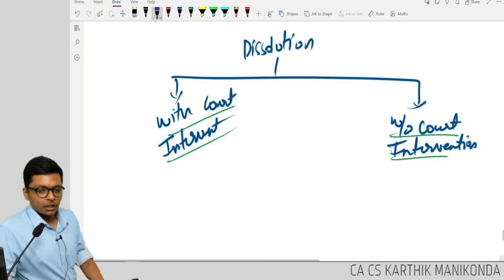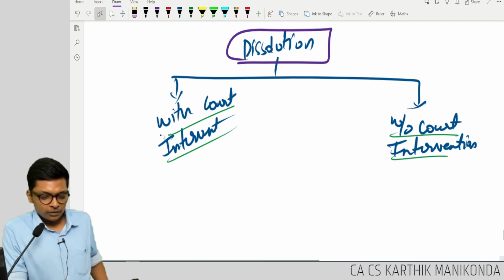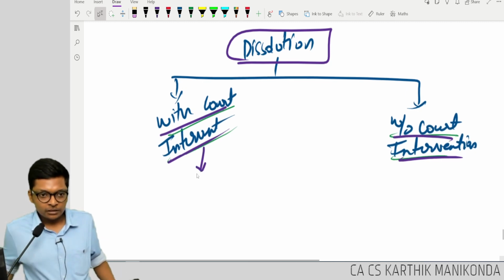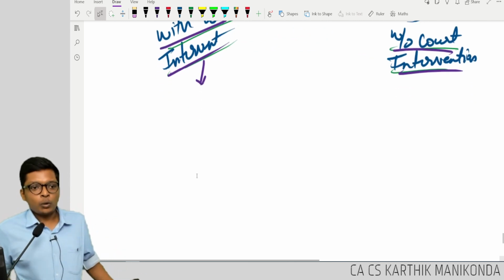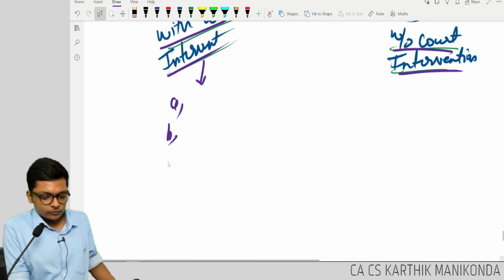Okay. Dissolution with court intervention, without court intervention. With court intervention, we have some 6-7 points. Section 44. What are the points with court intervention?